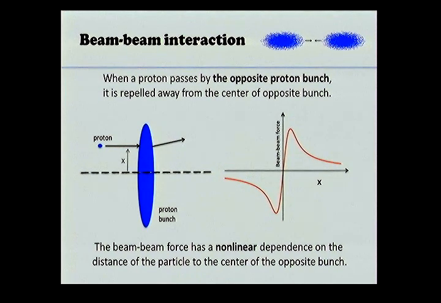The beam force is quite different from the force given by common magnets. The force from the magnets normally increases continuously with the distance between the particle and the center of the magnet.